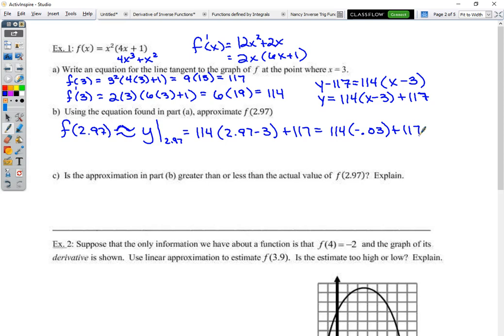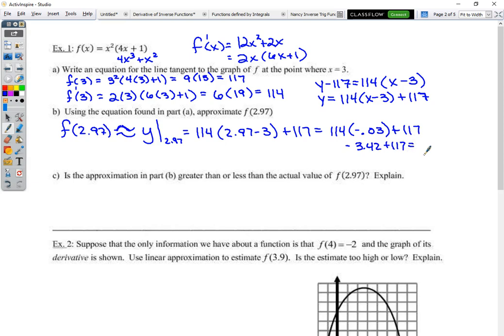Now, I'm not saying that this is significantly better, far from it. This is kind of gross and disgusting, and it's not necessarily what I would want to multiply, but it is a whole lot easier than what we had before. So if we wanted to calculate this out, 114 times negative 0.03 turns out to be negative 3.42.